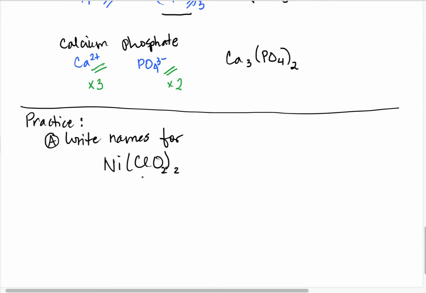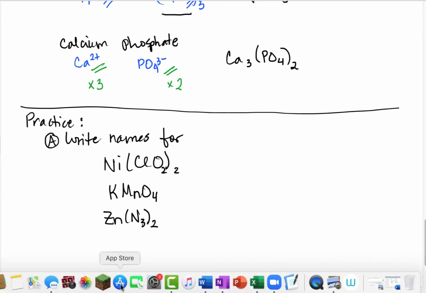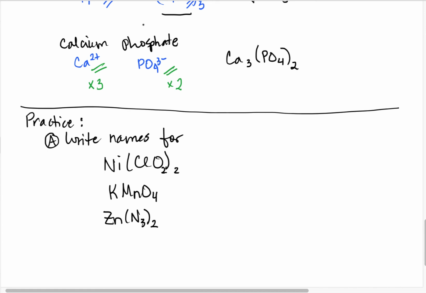So ClO2 is the ion, and then there's 2 of them. KMnO4, Zn(N3)2. All right, pause the video and try these out.